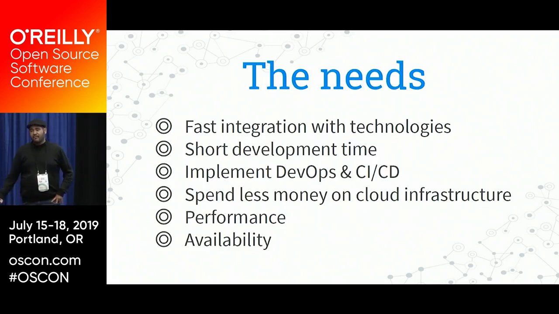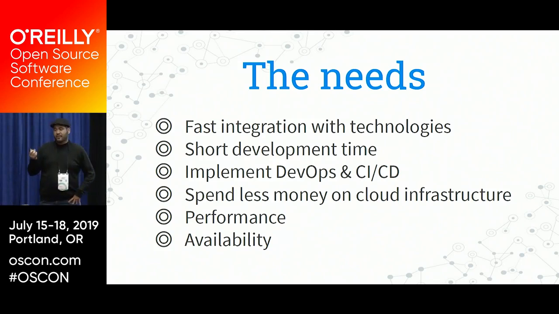And the needs for the application were, first, integration of new technologies. They are migrating to new technologies like Kubernetes. They are using AWS. They need a very short development time, which is the big challenge for all corporations. Then the implementation of DevOps and tools like Jenkins.